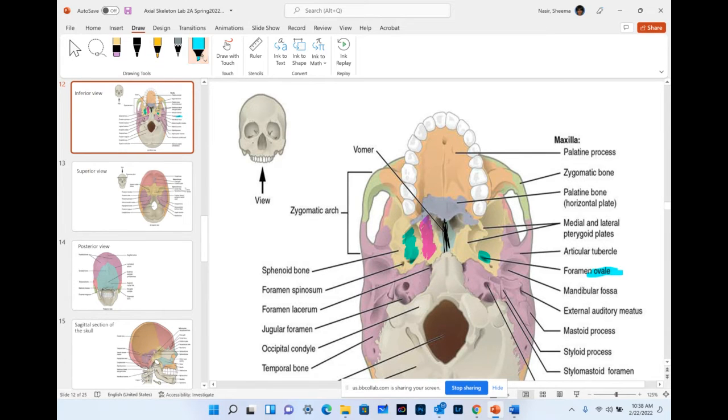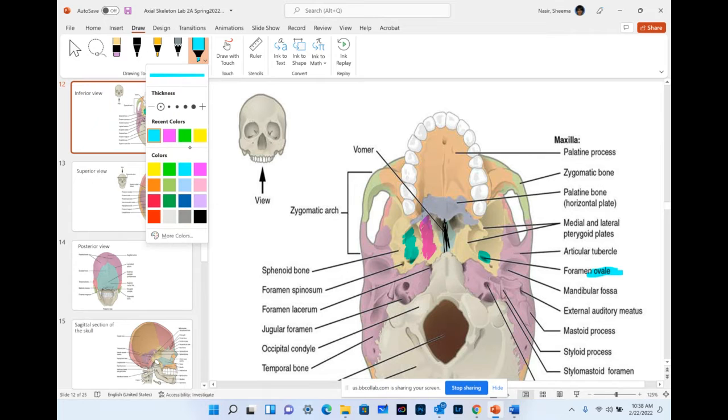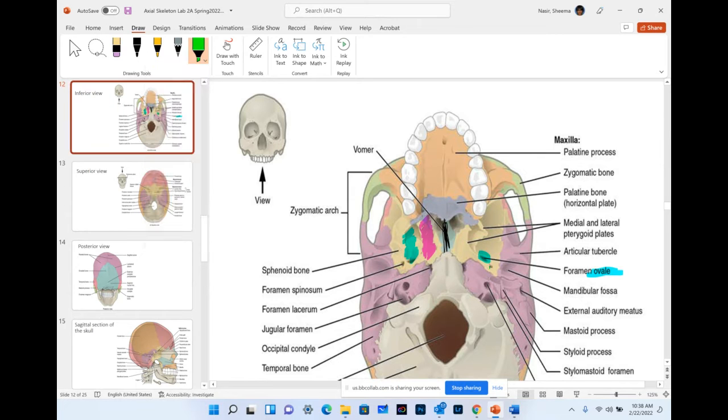You see round, round. That is your foramen spinosum. This right here is your foramen spinosum, right behind it. You can see it from the back side. However, you can see it much better from inside.